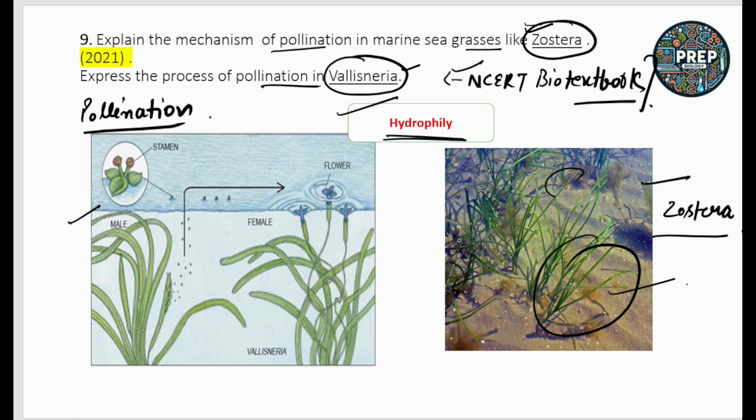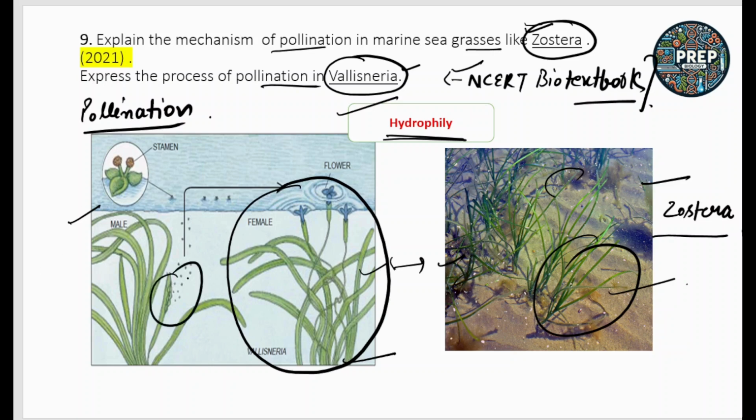If we see Vallisneria and Zostera, the process of pollination is the same. How? Because in both cases the female plant is submerged in water, but from the male plant the pollen grains are released in water and stick to the stigma of the female flower.